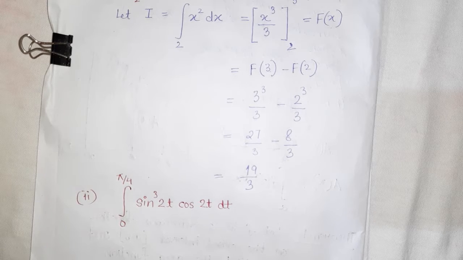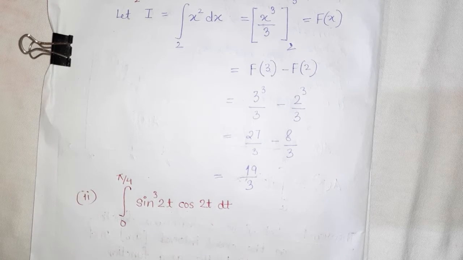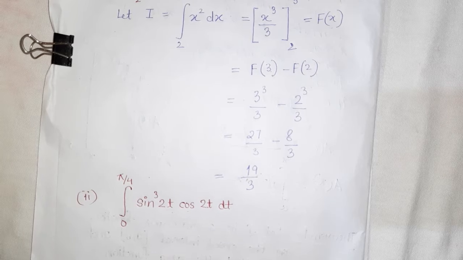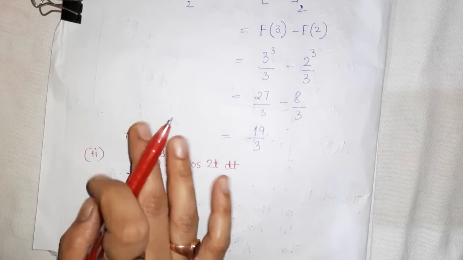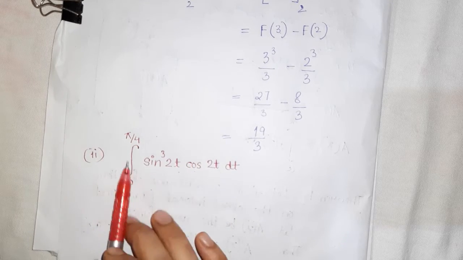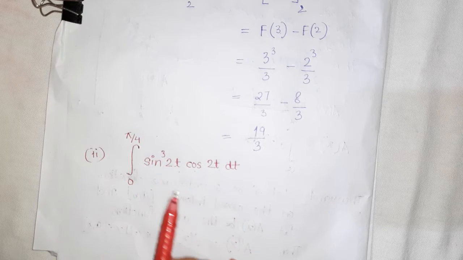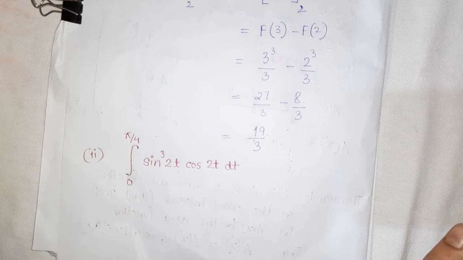Okay, so we have sine cube 2t cos 2t dt. First you think about this, leave the limits. Don't think about the limits. You just think you have to find out the indefinite integral. So which process do you apply?